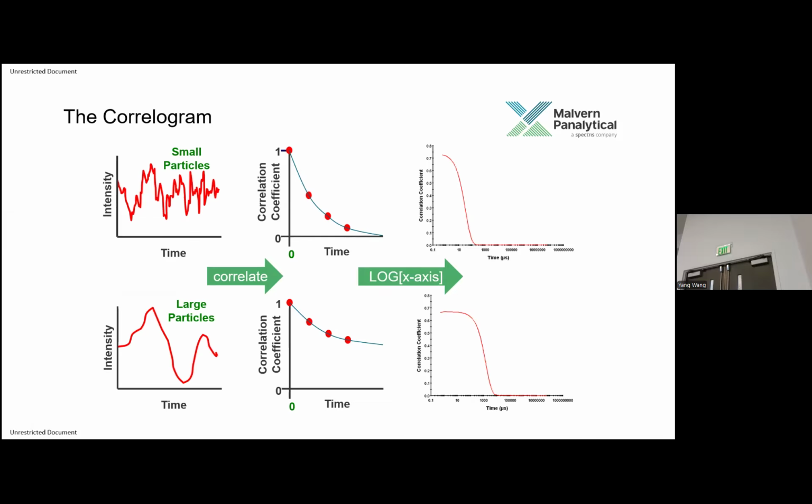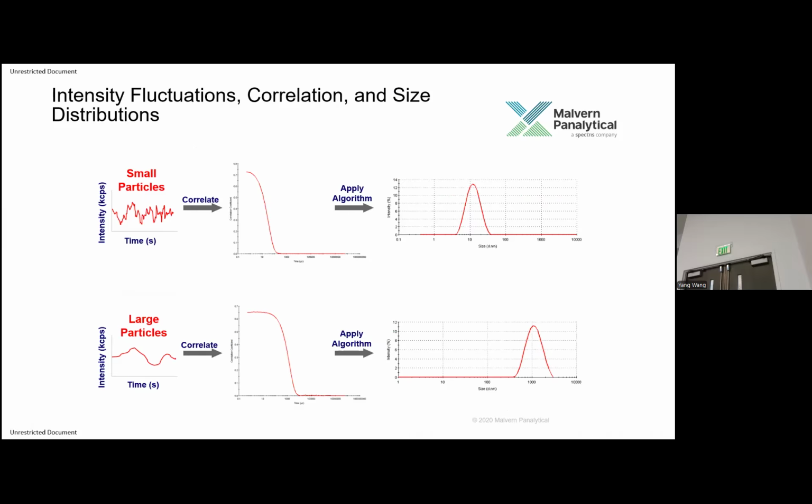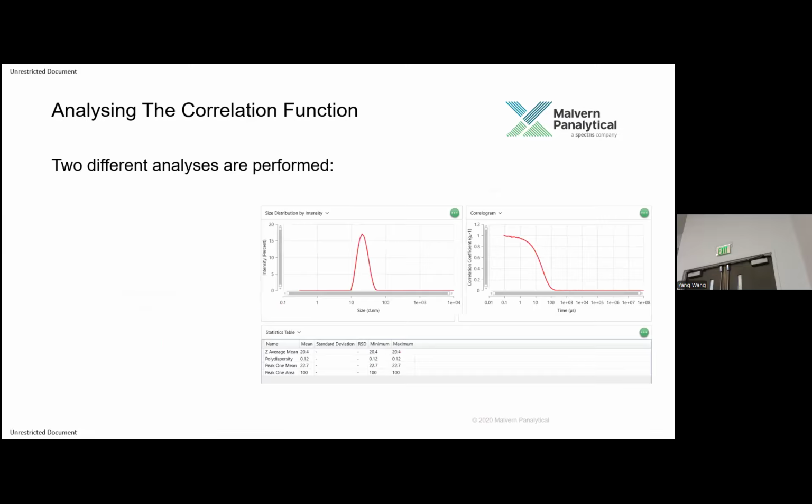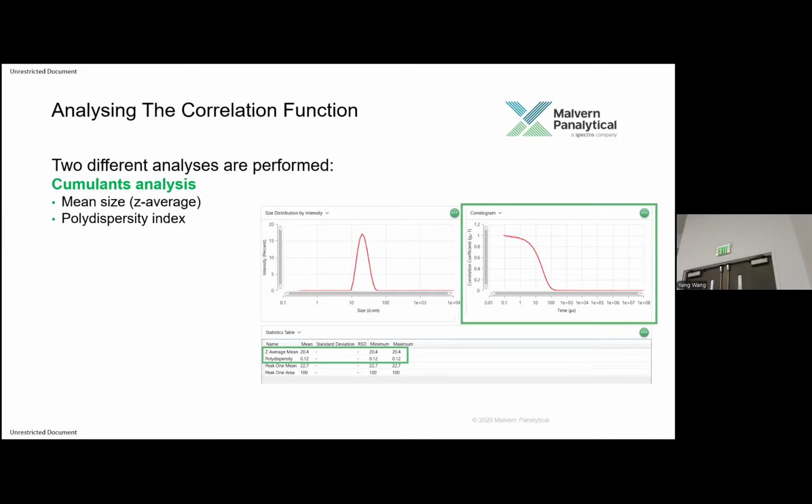So we apply an algorithm to get from our correlogram to our Gaussian-based distribution. The key here is it's a Gaussian-based distribution, right? So you're not going to gate or anything like that with a zeta sizer. And we can look at the distribution in a couple different ways. We can look at something called the cumulative fit.